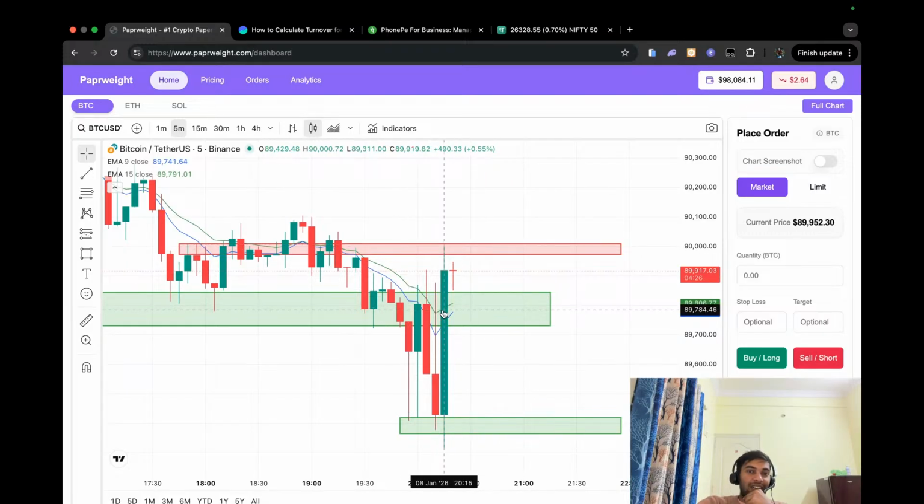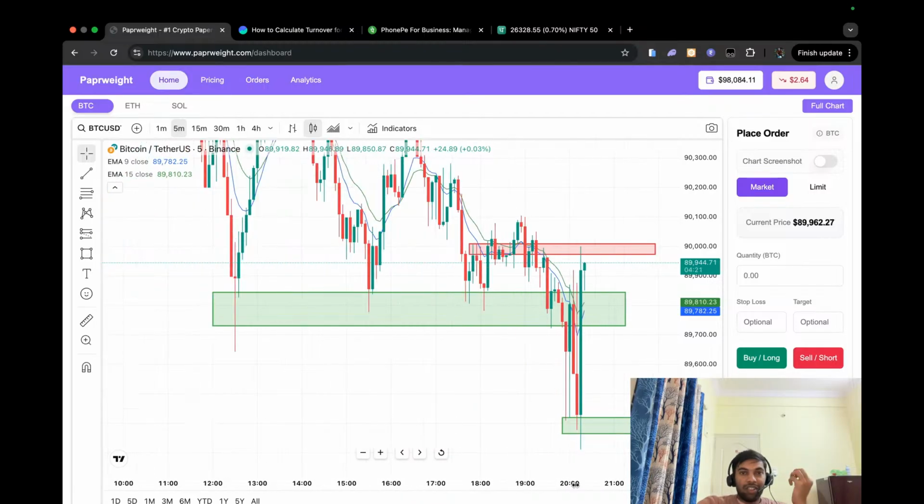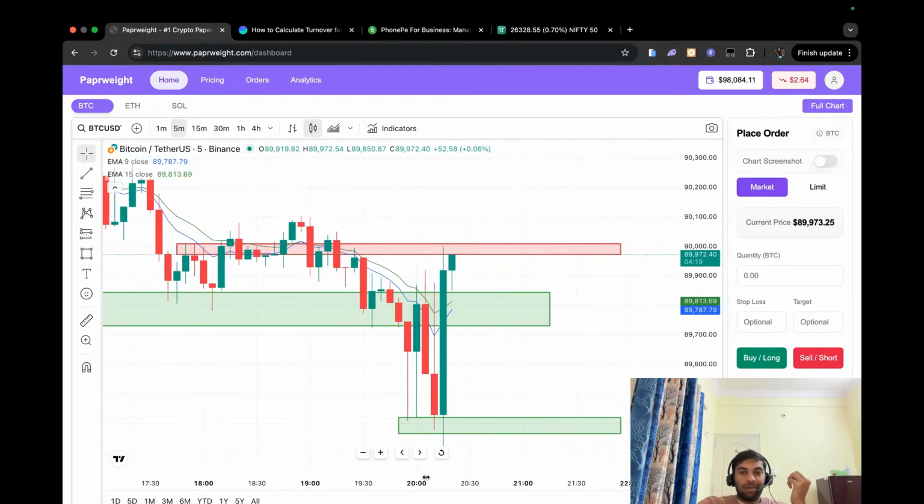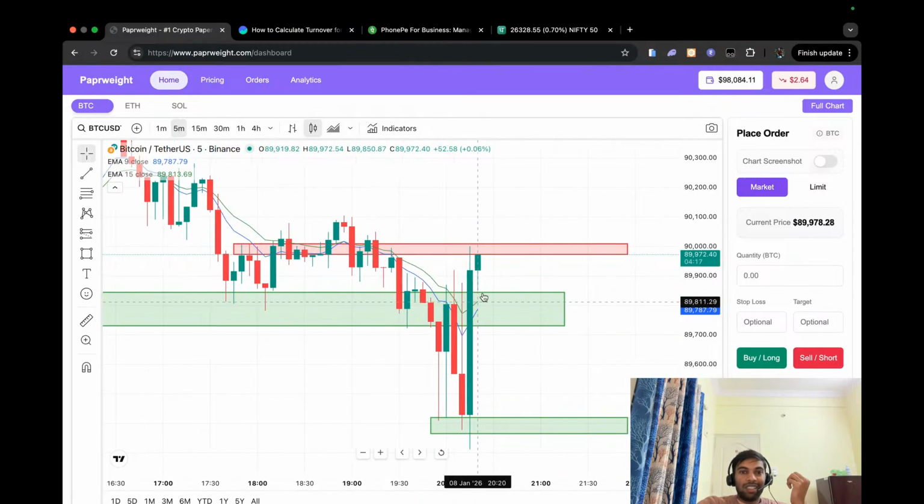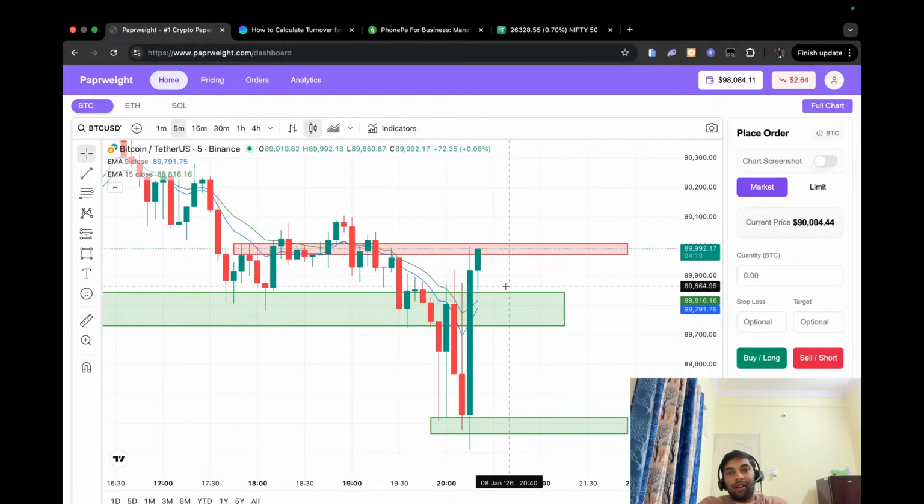So the green candle has nothing to do with a reversal, I think, because overall the market is in very bearish mode. But this happened all of a sudden, so right now sellers might be a bit afraid. So let's see how sellers react to this current move.